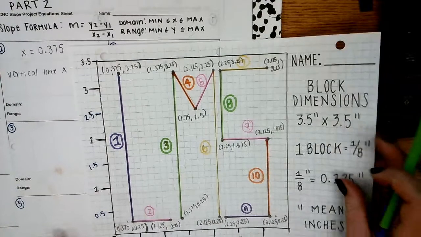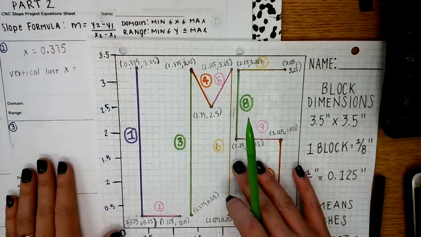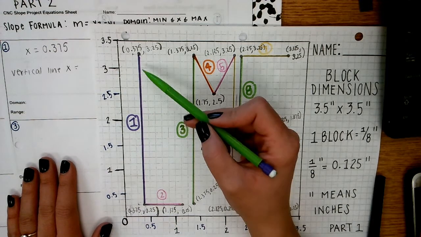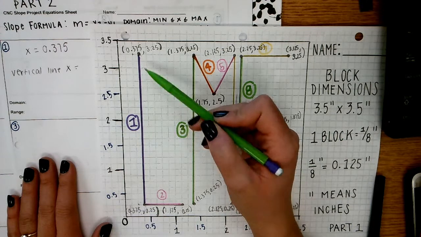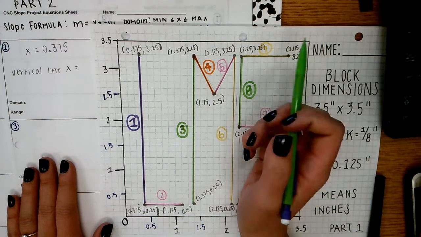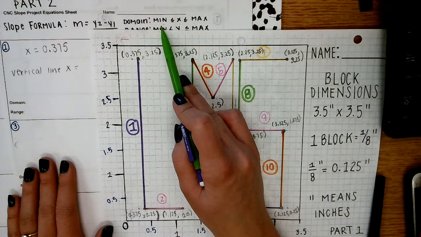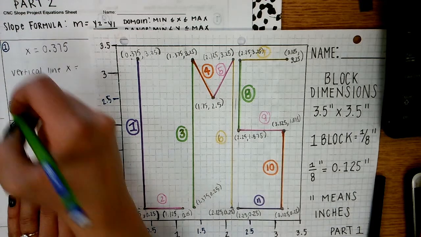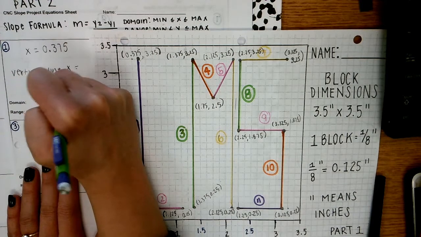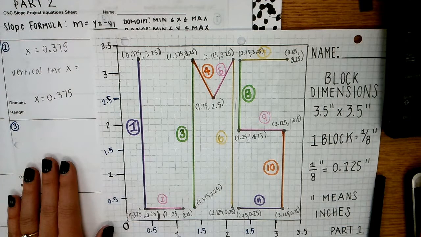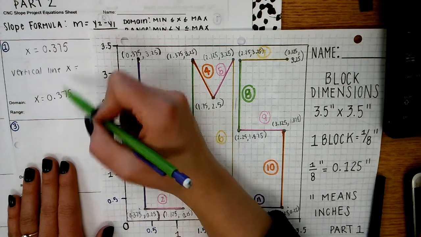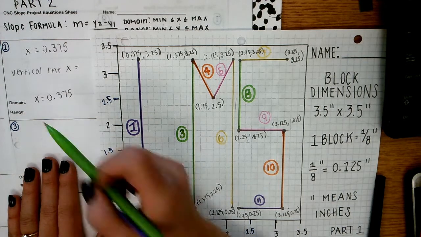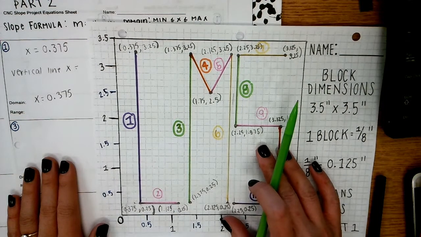Now, to find the domain and range for line segment 1, since we have a vertical line, the only x value for this segment is x equals 0.375. We don't have a smallest and a biggest x value because x is only equal to 0.375. So that's going to be the domain: x equals 0.375. When you have a vertical line, your equation and your domain are the same. Now we need to find the range. Remember, range are your y values.